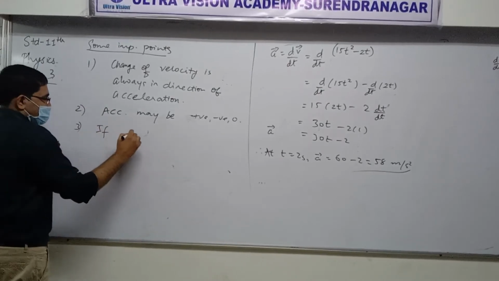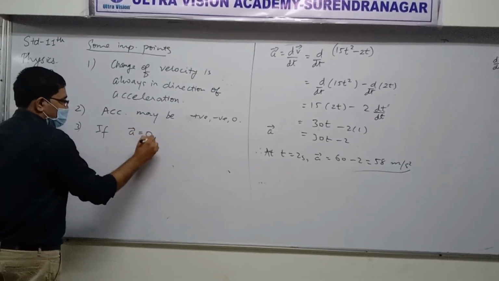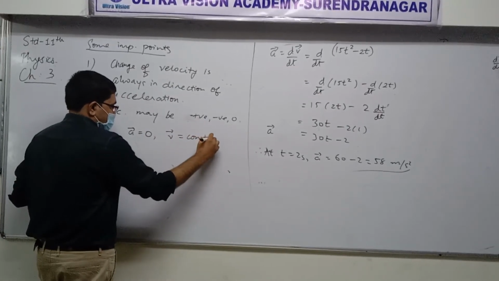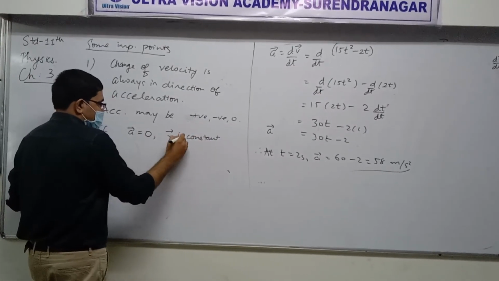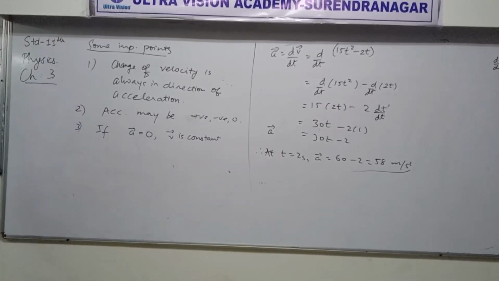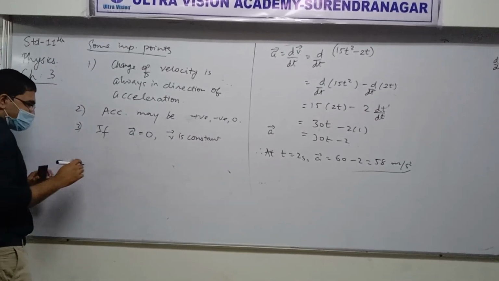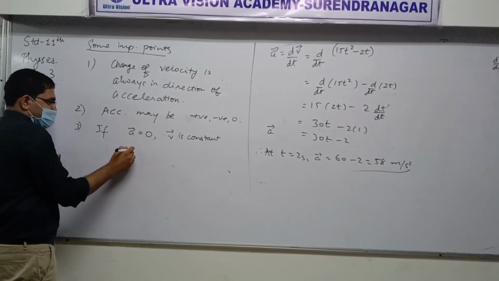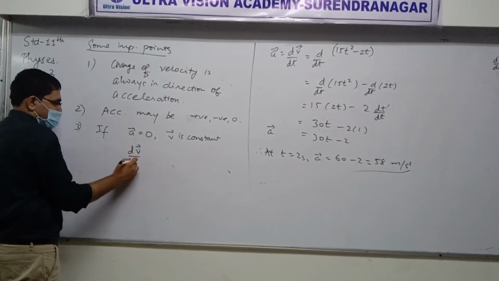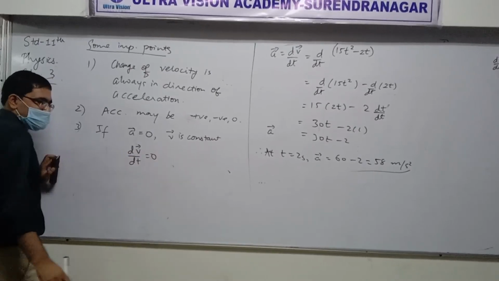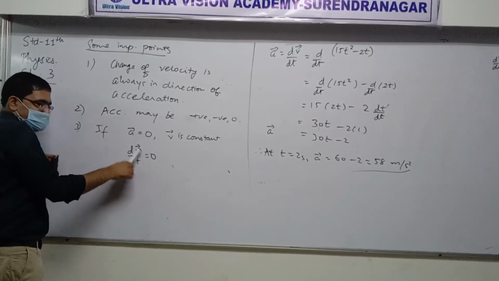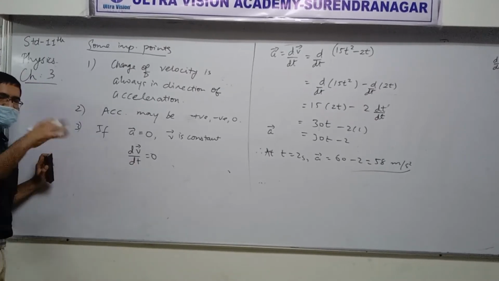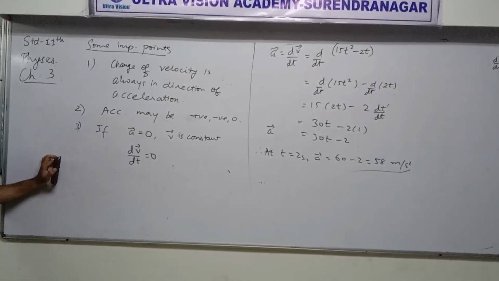If acceleration is 0, then velocity is constant. So simple then. Maths will help you. Okay, what's the definition of acceleration? dv vector by dt. This is equal to 0. If dv by dt is 0, ask yourself a reverse question: whose differentiation is 0?